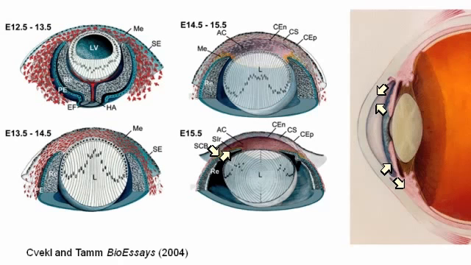The lens itself is talking to these other structures and helping coordinate that all of these different tissue types develop together appropriately. Problems in any one of these steps can give rise to different eye defects.